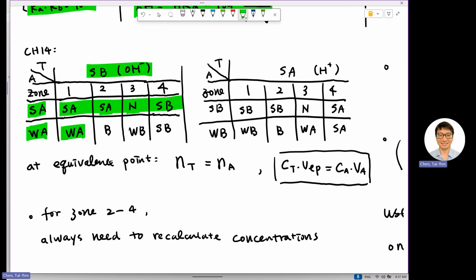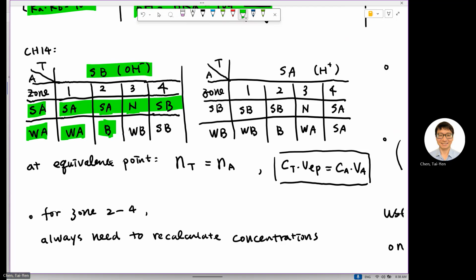At this moment, you have a good amount of conjugate acid and base coexisting inside your solution. Therefore, you have a buffer. Once you have a buffer, you can calculate the concentrations of your weak acid and its conjugate base, then calculate your pH using the HH equation. So you should know that zone 2 is the buffer zone.